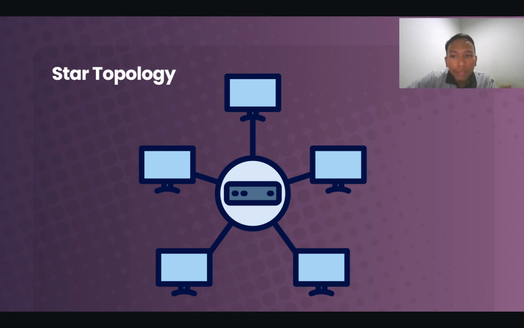If one device fails, the other devices can usually continue working normally. However, the star topology requires more cable compared to the bus topology before. Today, the star topology is widely used in schools, offices, homes, and other modern LAN systems.